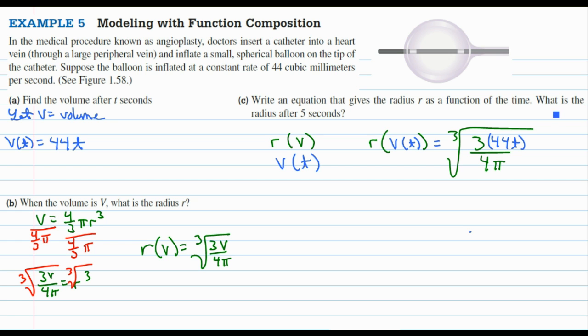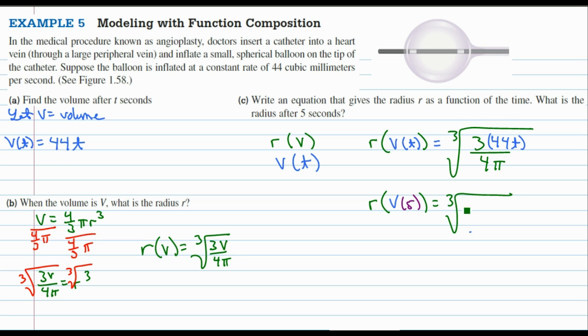Part C specifically asks, what is the radius after 5 seconds? So I'm looking for the radius when the time is specifically 5.